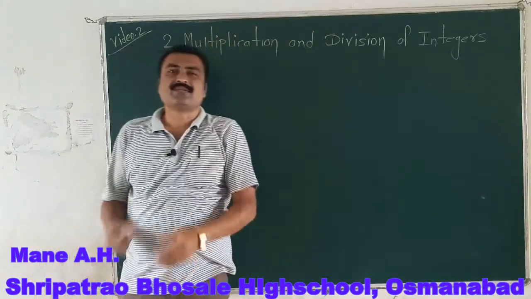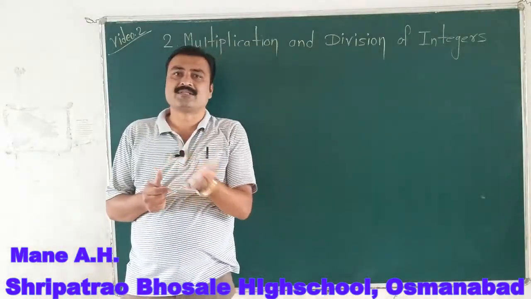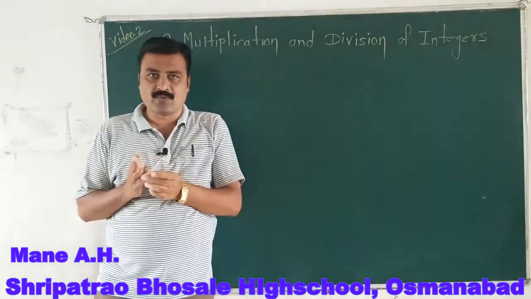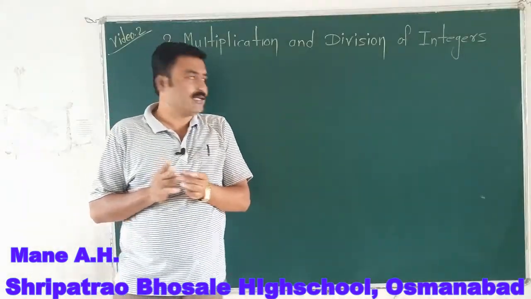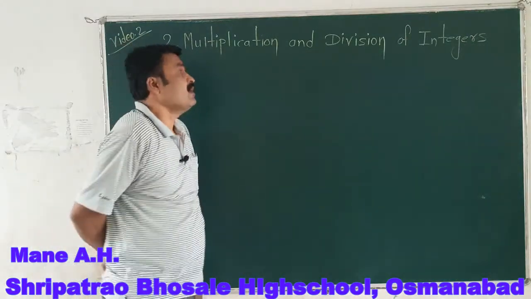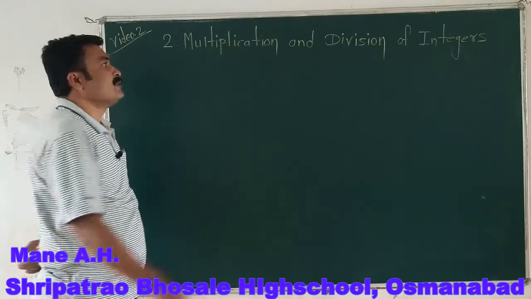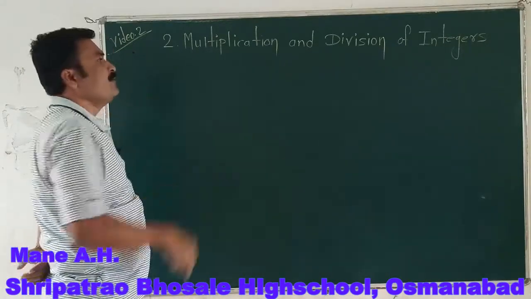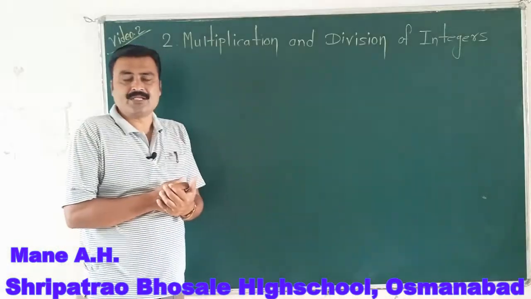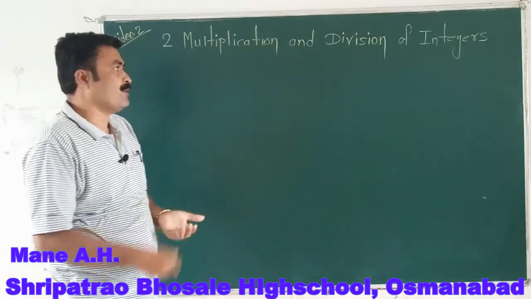Thereafter we covered 3 types of integers: first positive integer, second negative integer, and third the neutral number. So these are the 3 types of integers that we followed in the last video.